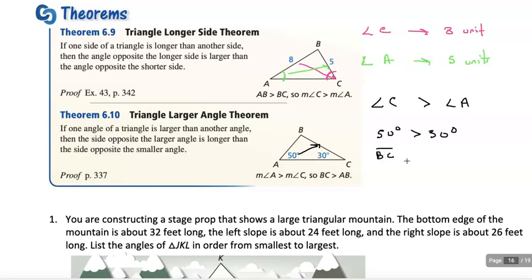So BC is going to be bigger than the side opposite 30 degrees, which is AB. Cool. So the side has the bigger opposite angle, or vice versa, the bigger opposite angle has the larger side. So triangle longer side theorem, triangle larger angle theorem.